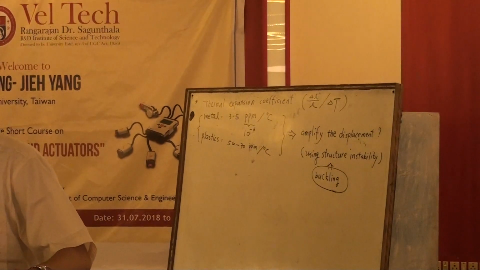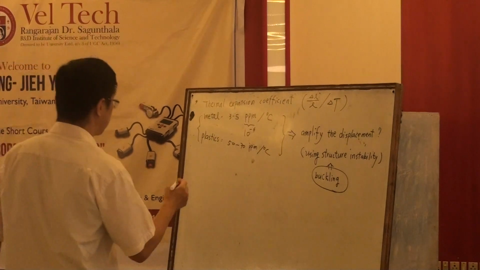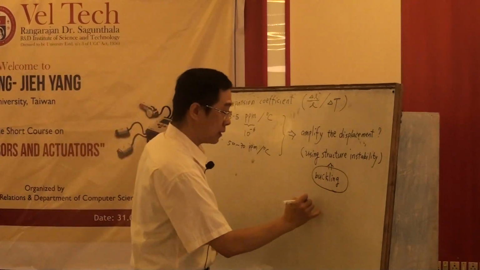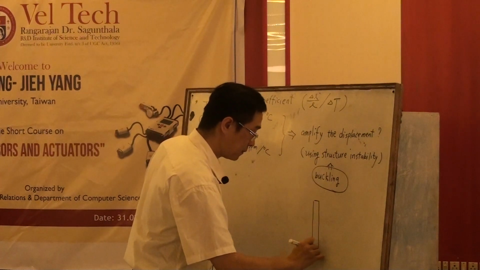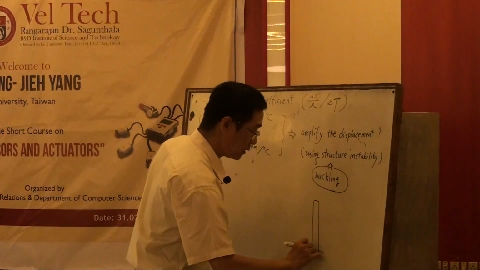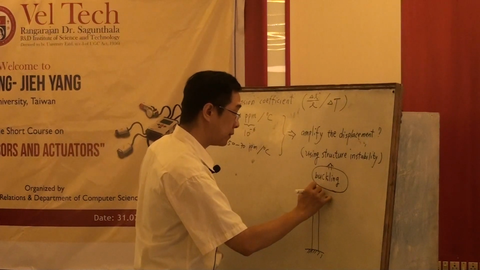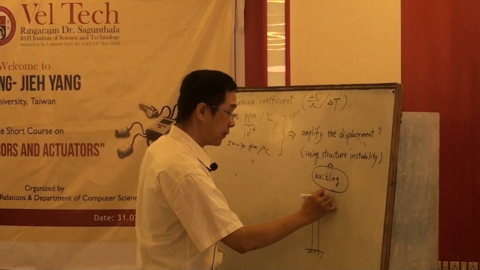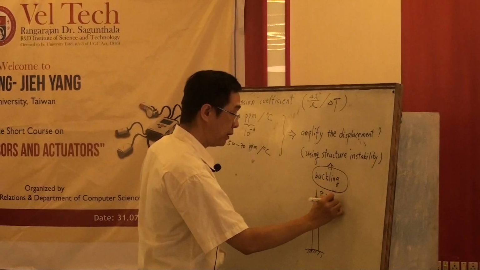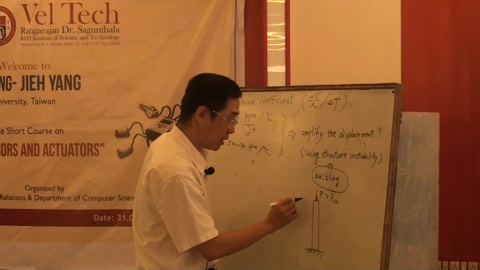This is a buckle. What is a buckle? If there is a column and we apply a vertical force, when the vertical force is larger than some critical value, this column will collapse.